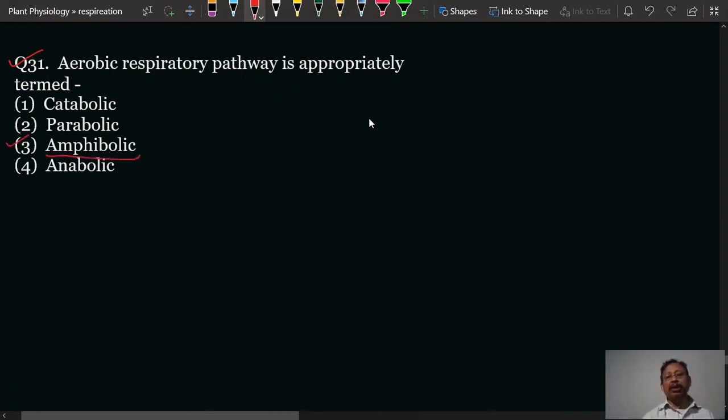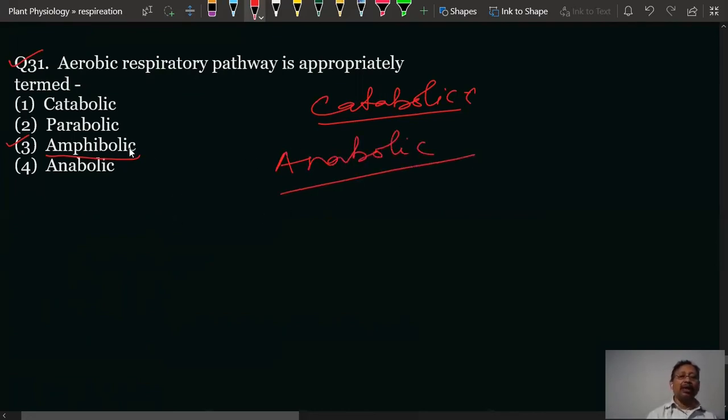Though aerobic respiration is a catabolic process, the intermediate metabolites that are produced during the Krebs cycle and glycolysis are also utilized for the synthesis of several important biomolecules, and in those cases it functions as an anabolic reaction, and so this is known as amphibolic, that is both catabolic as well as anabolic.